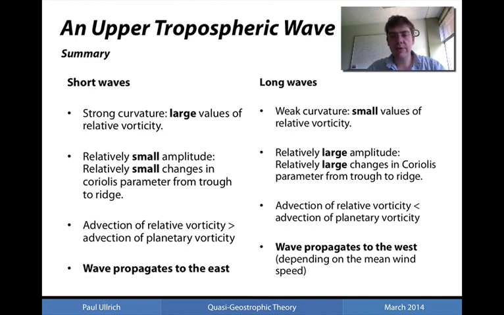For long waves we have weak curvature, hence small values of relative vorticity. However, they have large amplitude because they are slowly varying in space, and hence have relatively large changes in Coriolis parameter from trough to ridge. This leads to advection of relative vorticity being smaller than advection of planetary vorticity, and so the wave will tend to propagate to the west, again depending on the mean wind speed.